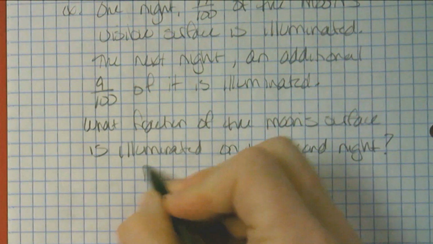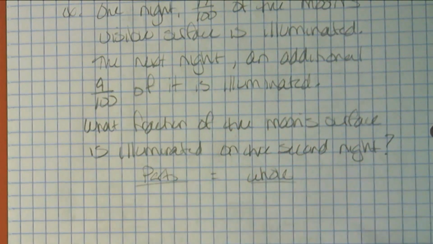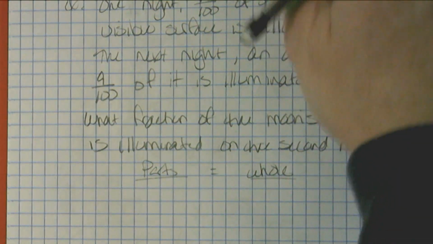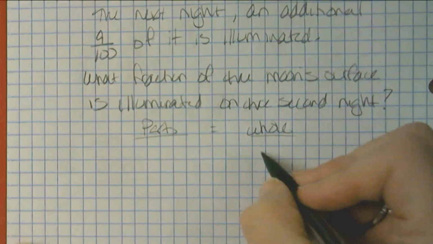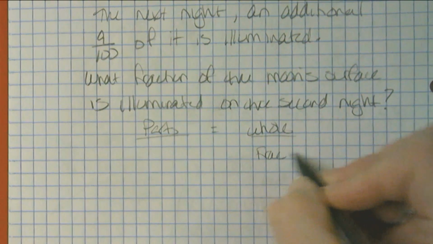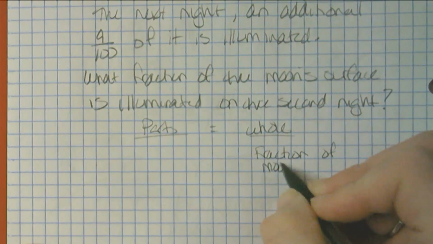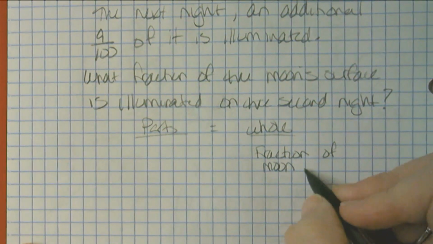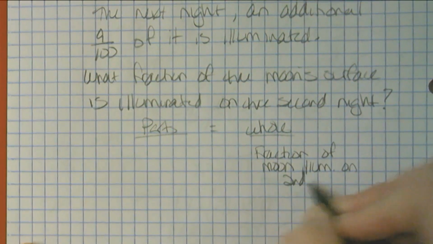So we have our parts equal to our whole. What's my whole here? What information is my whole here? Sophia? Fraction of moon illuminated on second night.